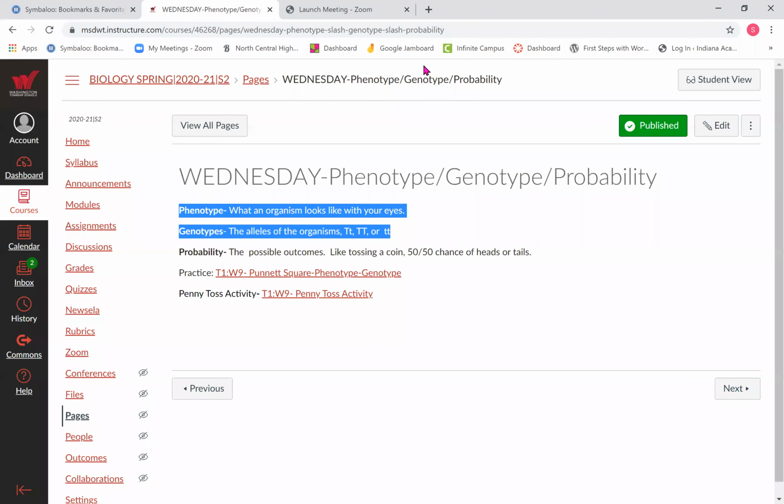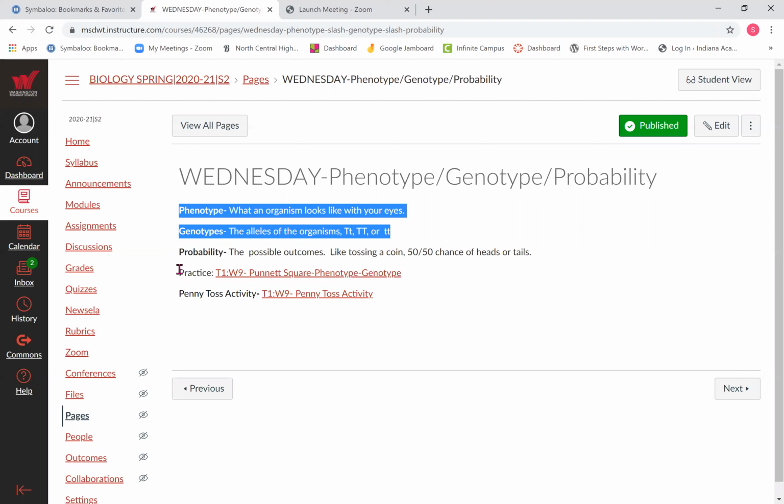So you could have a hidden allele for being 7 foot tall, but I can't see that because you're not 7 foot tall. It would be a recessive trait that you could pass on to your children, but when I'm looking at you, which is your phenotype, I can't see that allele. If I'm looking at your genes, then I could see that allele.